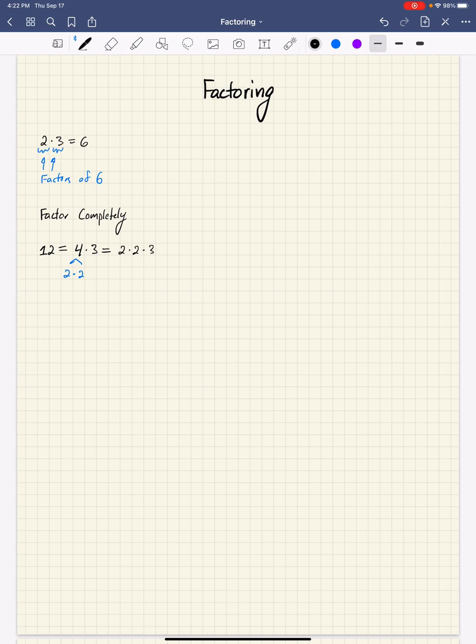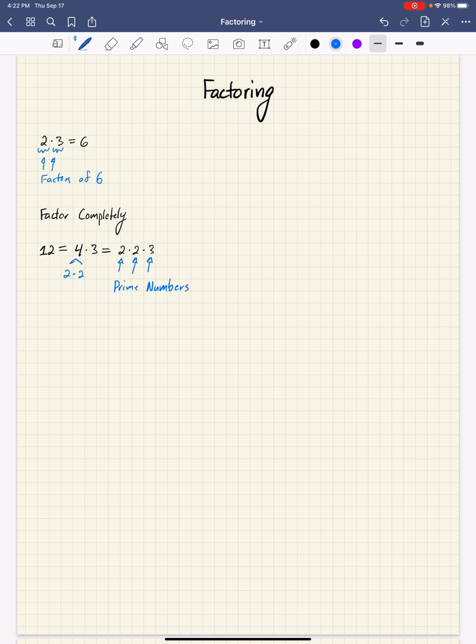Now you may ask yourself, how do we know when we are done factoring, when we've reached the smallest numbers we should reach? Each of these numbers, 2, 2, and 3, are called prime numbers.